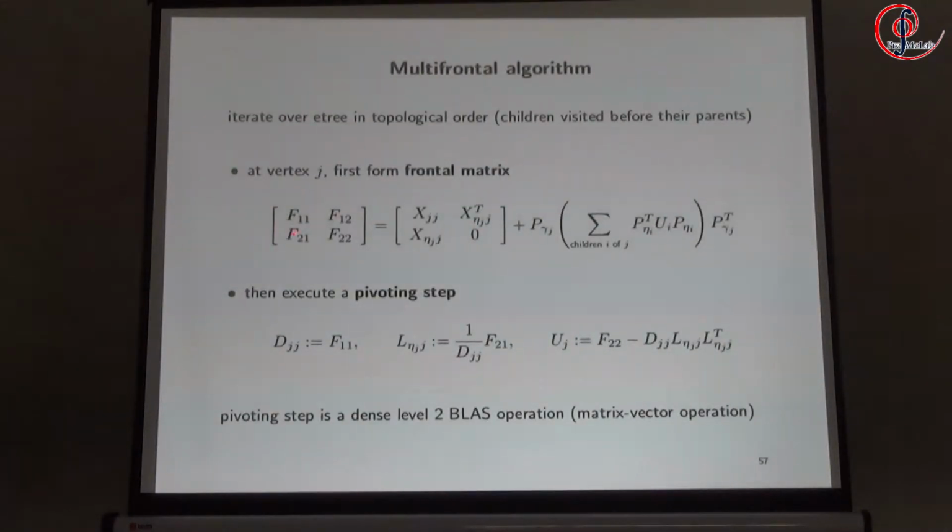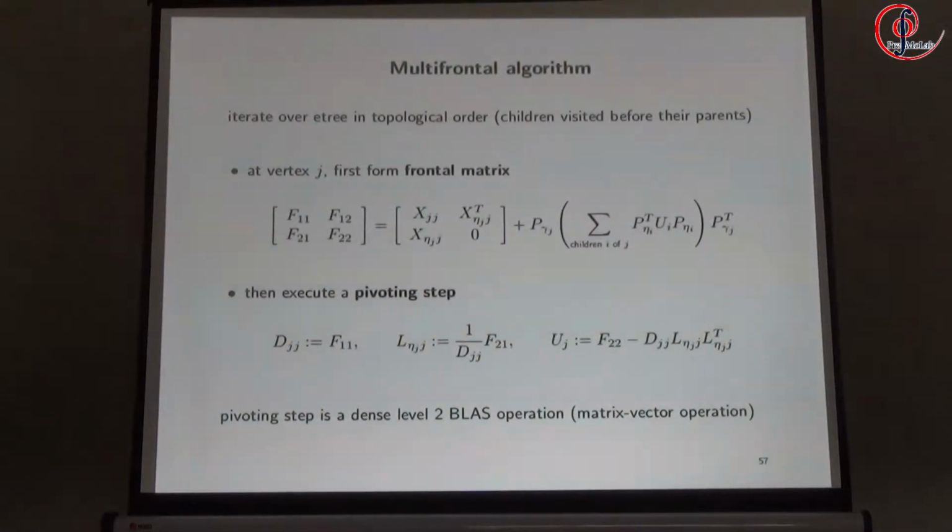Then at vertex J you compute what's called a frontal matrix, which is a part of column J and row J of the matrix that you're factoring, plus a combination of all the update matrices of the children. And then you do one pivoting step to get column J of the factorization and a new update matrix for vertex J.